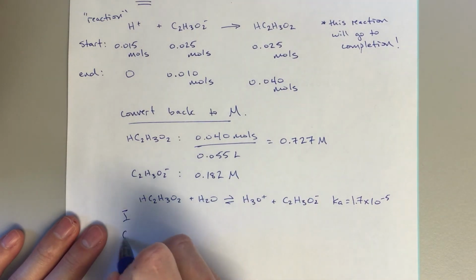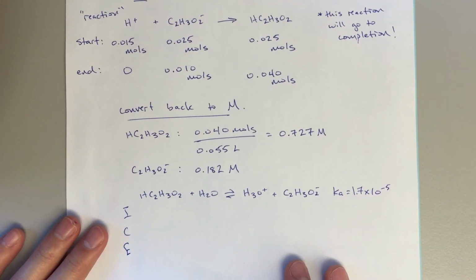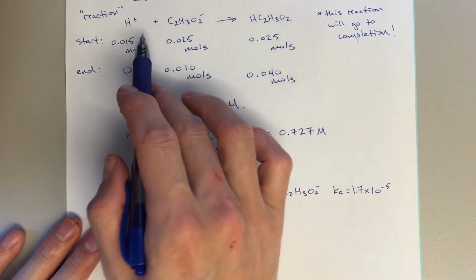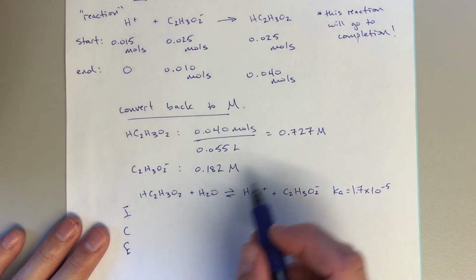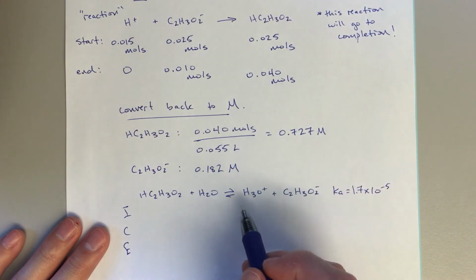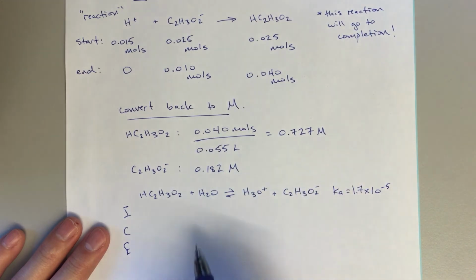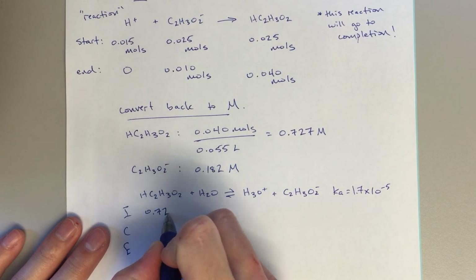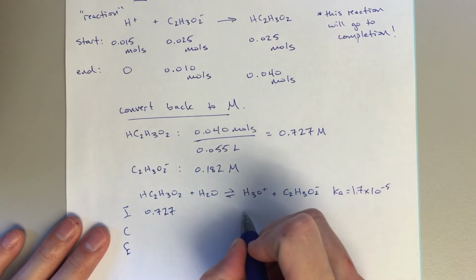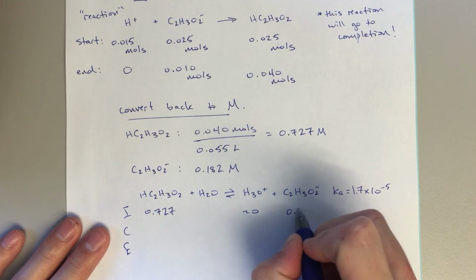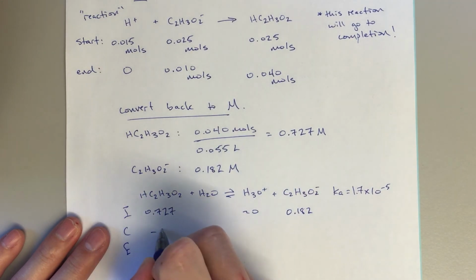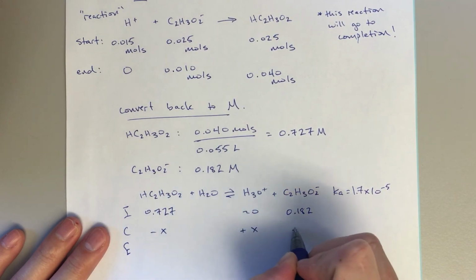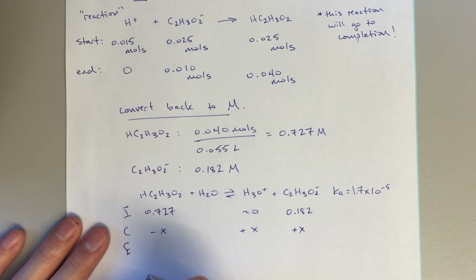So in this problem, we dealt with a reaction first, that's this first reaction up here, and now we're dealing with the equilibrium here. So 0.727 here, approximately 0, and 0.182 here, minus x, plus x, plus x, just like we're used to doing. And then I can write out my Ka expression.